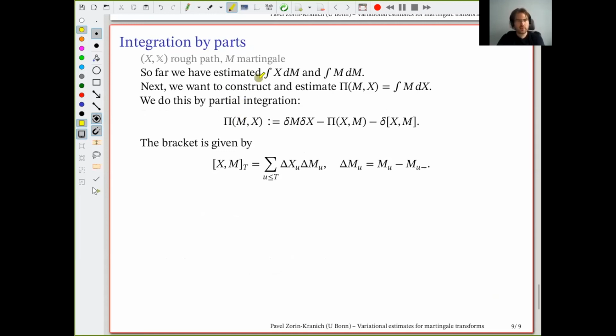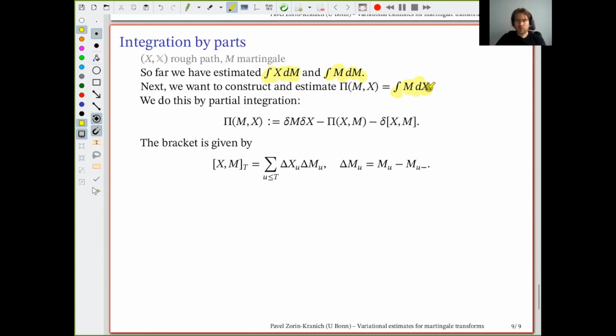So I recall that at the beginning of the talk, I was saying that I will lift a pair consisting of a rough path and the martingale almost surely to a joint rough path. So what we have looked at so far is the integral of x with respect to m, and then also the integral of m dm is very similar. And what we haven't looked at yet is the integral of m with respect to dx.